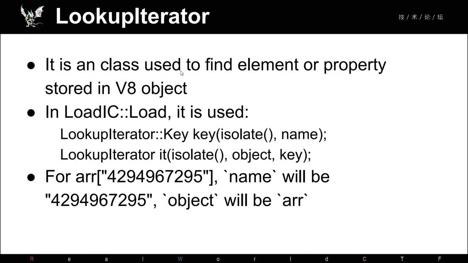This class is used to find an element or property stored in a V8 object. For the vulnerable access, the name here will be this numeric string, and the object here will be the ARR object.